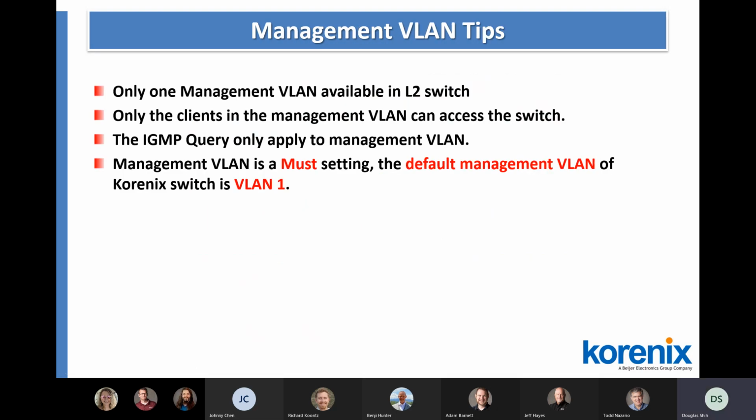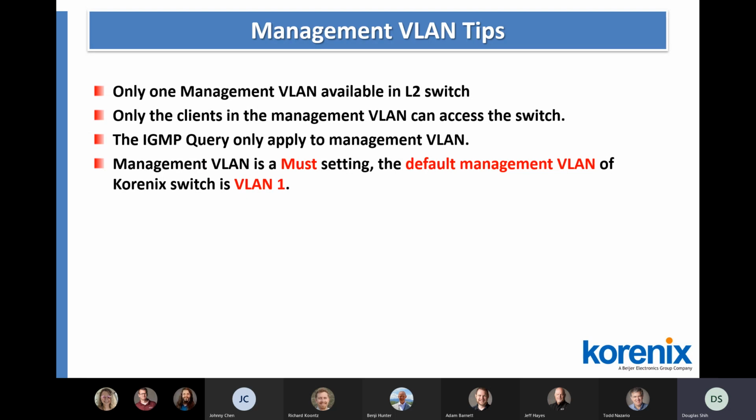And these are some tips for the management VLAN. On our switches, only one management VLAN is accepted. And only the client in the management VLAN can access the switches. If the client is in a different VLAN, even if it is not the same network, it is not accessible. And just as I said before, the IGMP querier needs to be applied to the management VLAN because these are layer 2 switches.